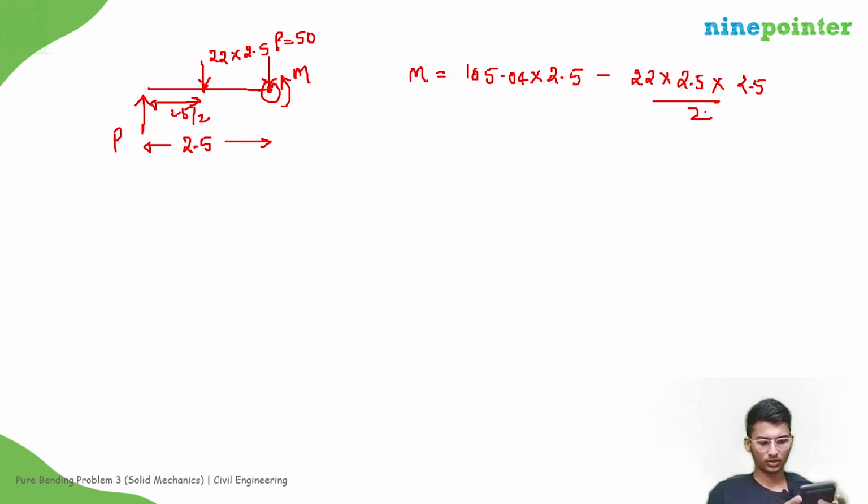So that will be 105.04 into 2.5 minus 11 into 2.5 into 2.5. So we are getting the value of M max as 193.85 kilonewton-meters, right?